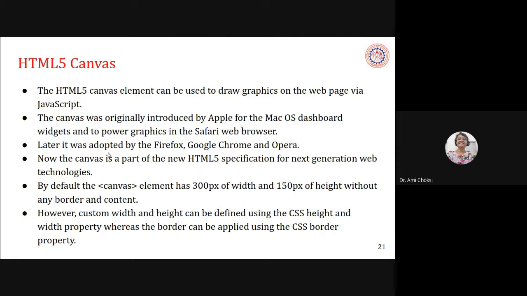Later, it was adopted by Firefox, Google Chrome, and Opera. Right? So we are using Chrome only, so no issue for us. Now, the canvas is a part of the new HTML5 specification for next generation web technologies, so no need to worry.